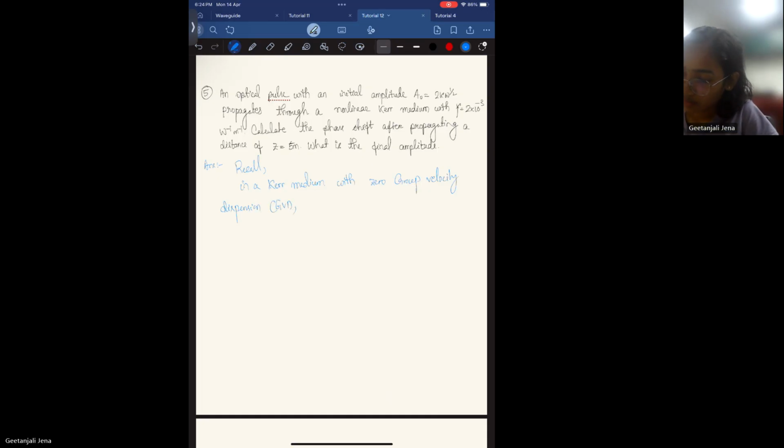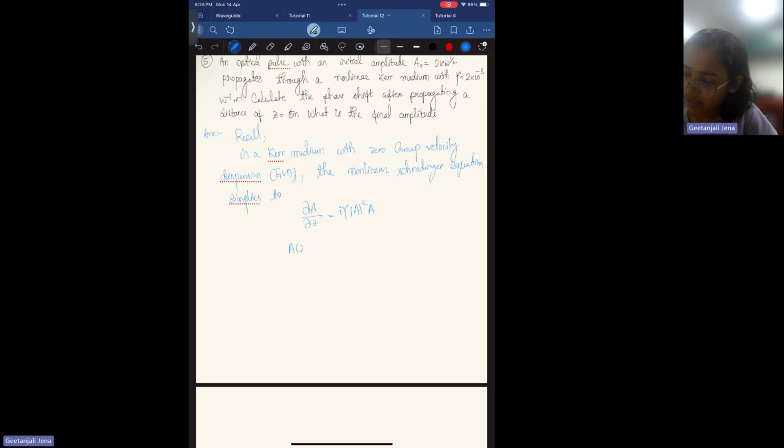Then the nonlinear Schrodinger equation simplifies to ∂A/∂z equal to i gamma |A|² A.